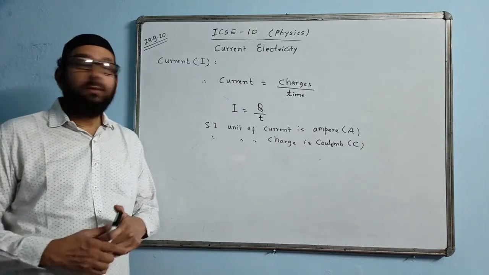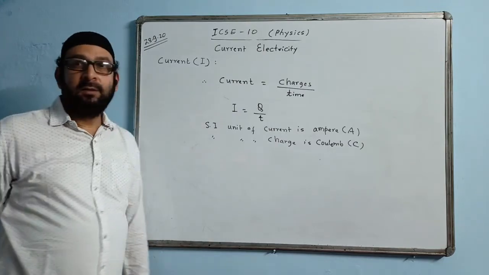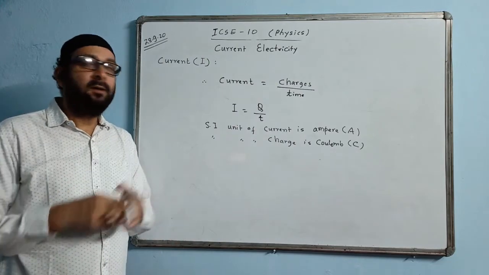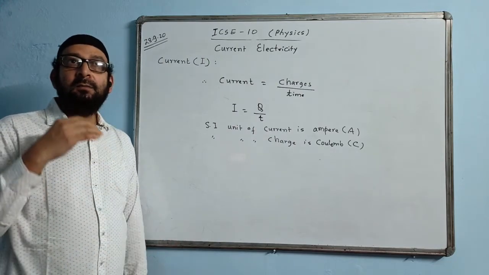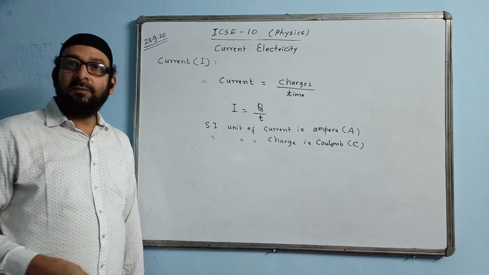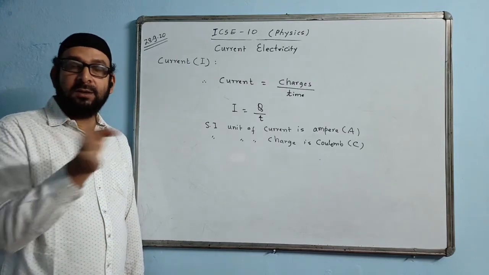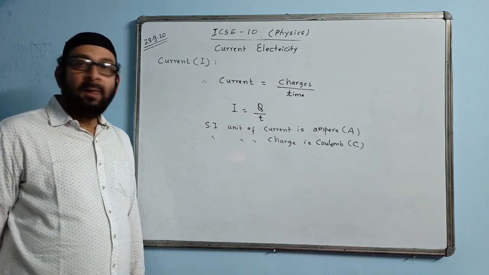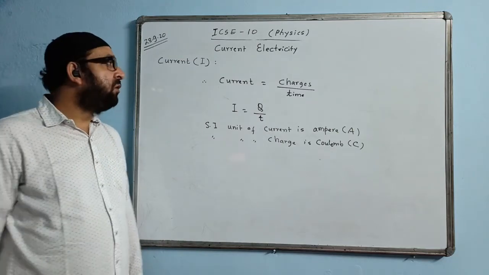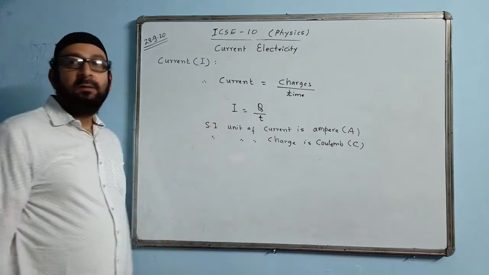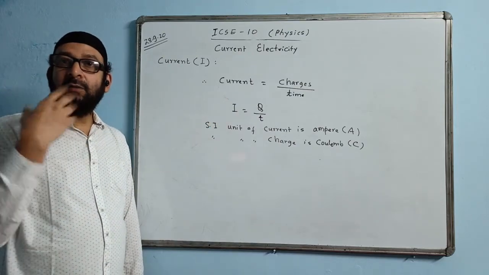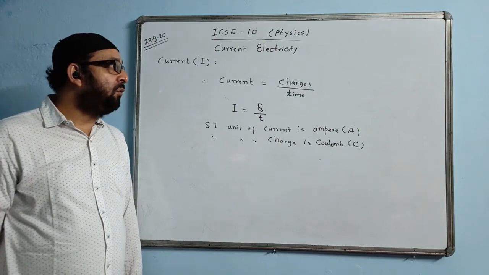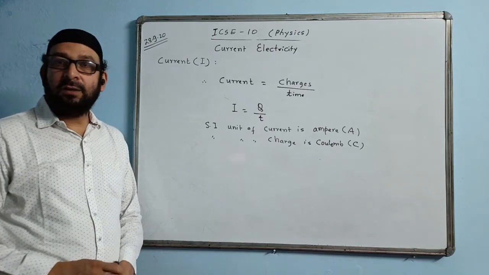Now, the first topic you got to know is current. When charges flow in a conductor, we say that the current is flowing. The definition of current is the rate of flow of charges.